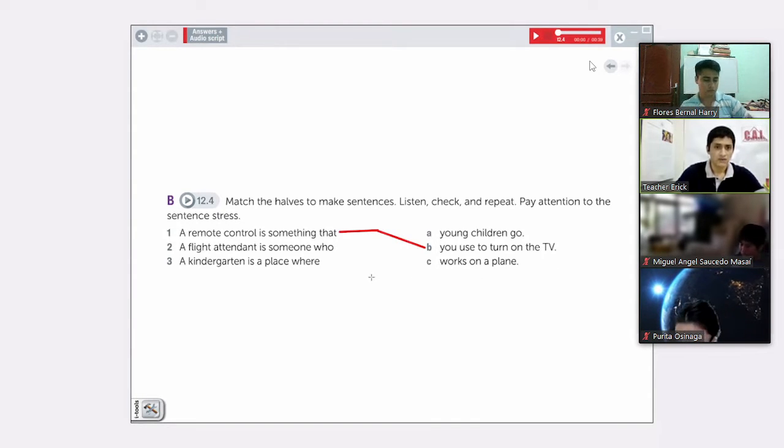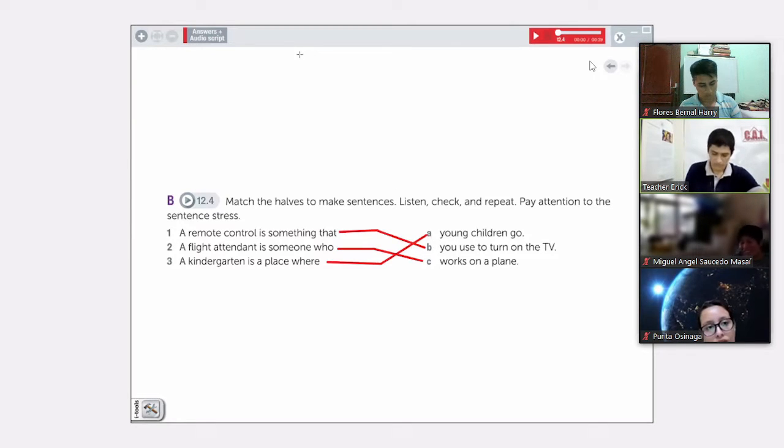Number two, a flight attendant is someone who works in a plane. Someone who works, okay, and a kindergarten is a place where, yeah, the last one is A, right? So yeah, we have the correct ones. Okay, so what we are going to do now, 1 minute please.